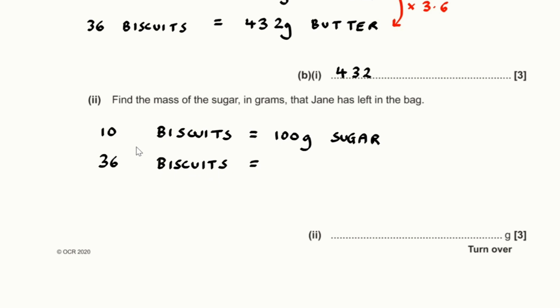So how much sugar do we use here? Well, how do I go from the 10 to the 36? What do I multiply 10 by to get 36? Well, that's just 3.6. So I need to multiply 100 by 3.6 to get 3,600 grams of sugar.